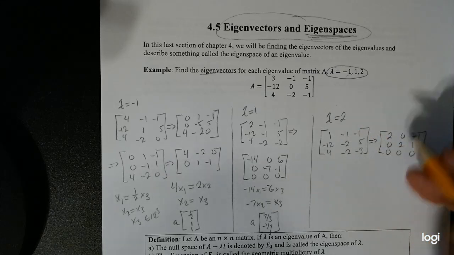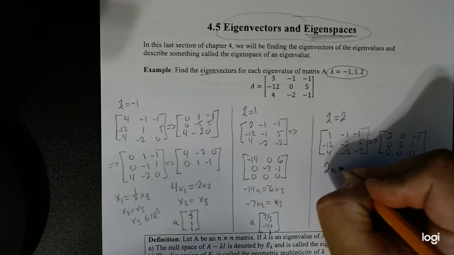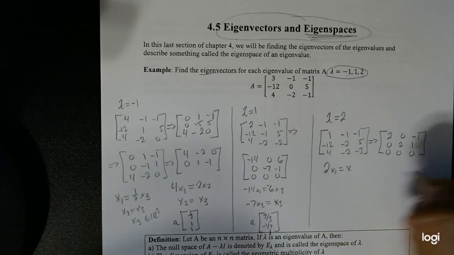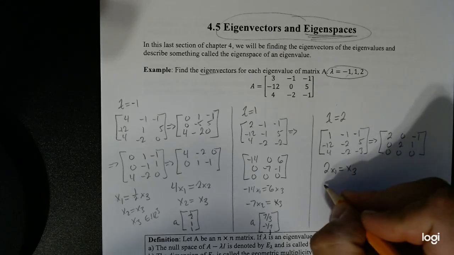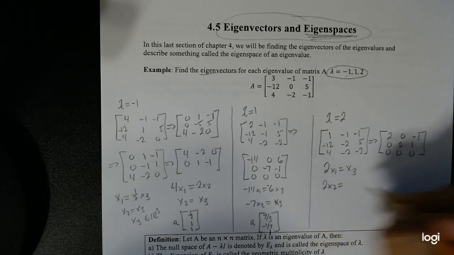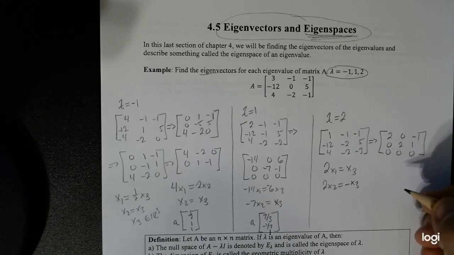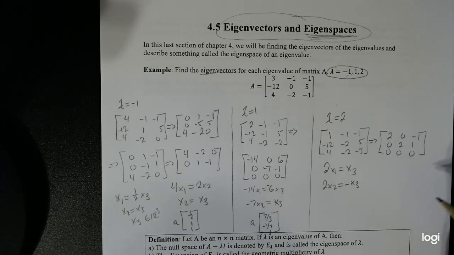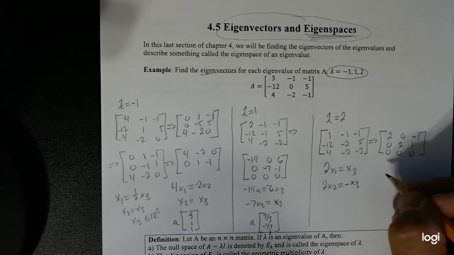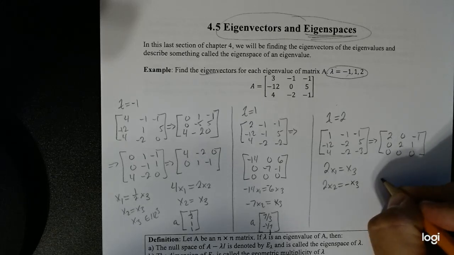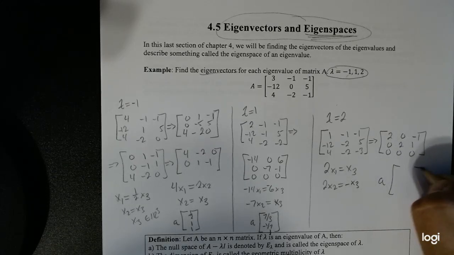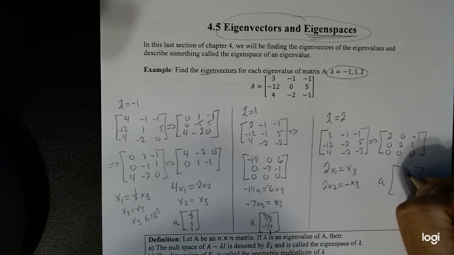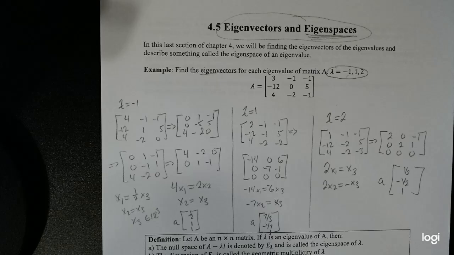So 2x1 is equal to x3, and 2x2 is equal to minus x3. So some arbitrary value times 1/2, negative 1/2, and 1.